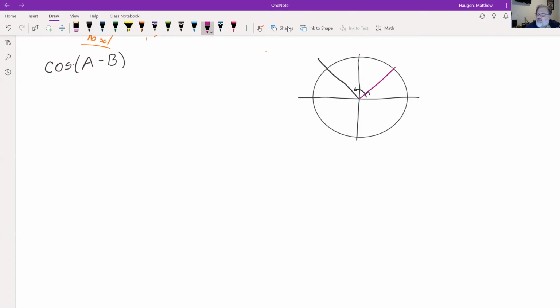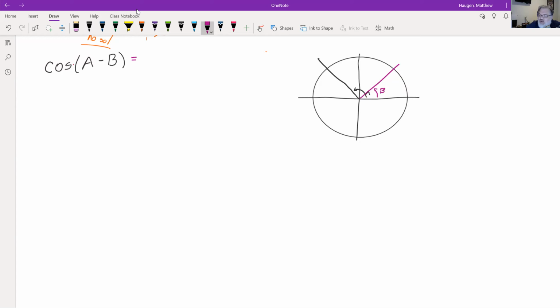And angle B, I'm going to draw there. So I've got angle A and angle B. Again, they don't have to be in quadrants 2 and 1. Frankly, A doesn't even have to be bigger than B. It just makes the diagram look nice. So that's our two angles in there. And we want to figure out a way we can express this in terms of A and B separately.